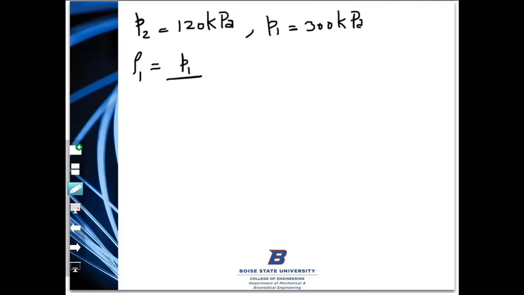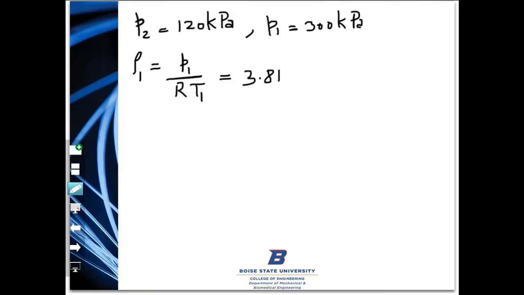I know P2 is 120 kilopascals, P initial is 300 kilopascals, and rho 1 is P1 over R T1. So just substitute the corresponding numbers and make sure P is in absolute scale.